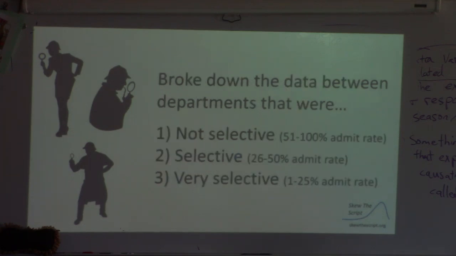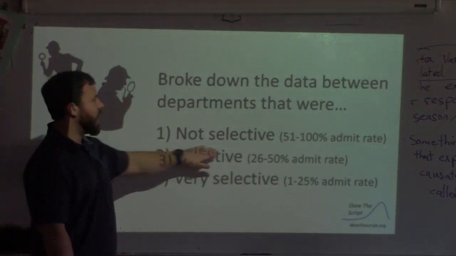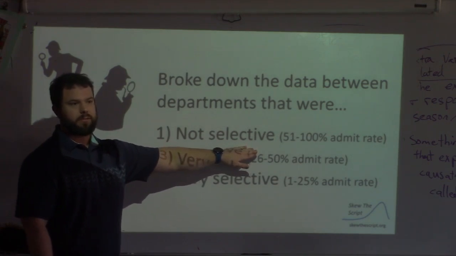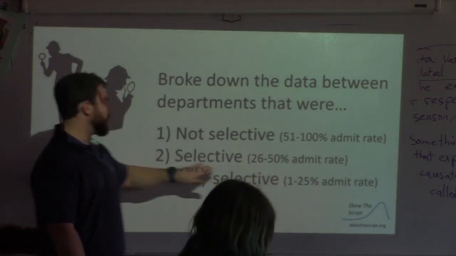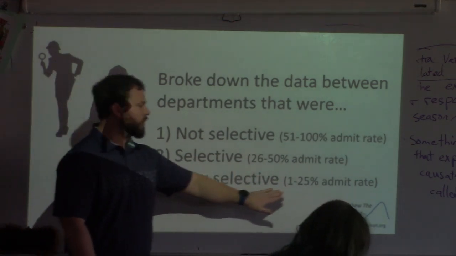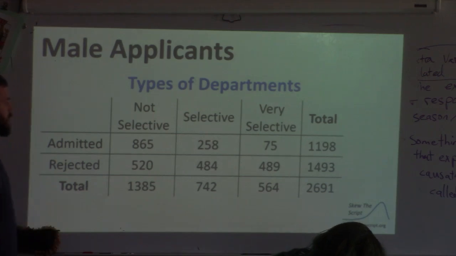They looked at the different departments. If a department had a 51 to 100% admittance rate, they said it was not selective. If the admission rate was between 26 and 50%, it was selective. And if the rate was 1 to 25%, it was very selective. Here's how they broke that data down.